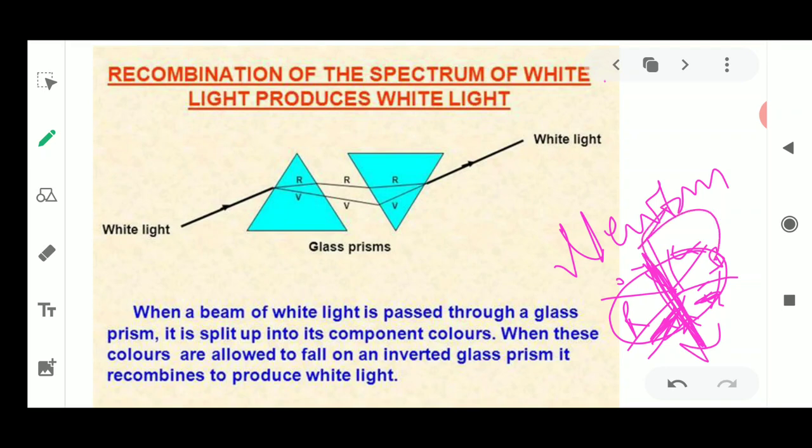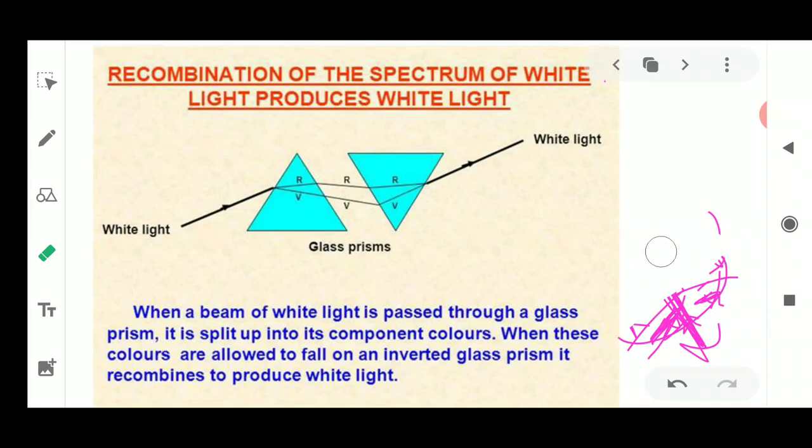Once you rotate it, you will see that the 7 colors become invisible. Why is this happening? Because white light consists of 7 colors, which were split with the help of the glass prism where we saw the spectrum. So this was about the recombination of the spectrum of white light. Once the spectrum combines, it forms white.